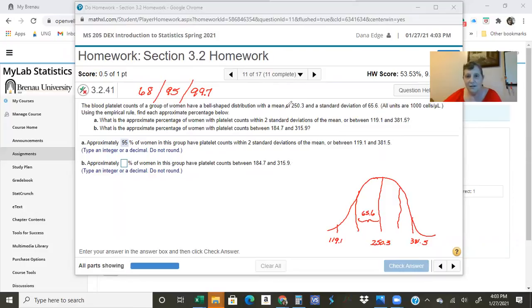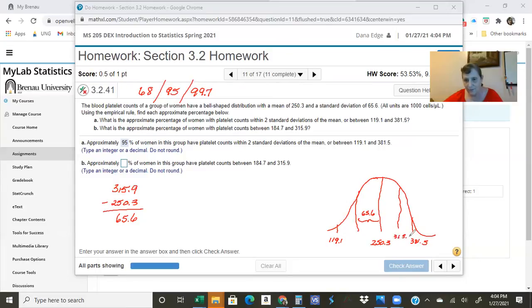Well, let's check. The difference between 315.9 and 250.3 is 65.6. So this is 1 standard deviation up.